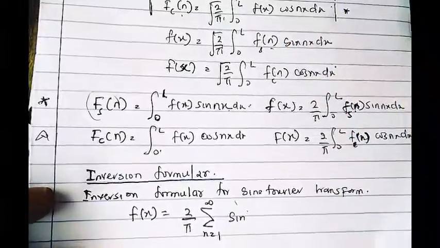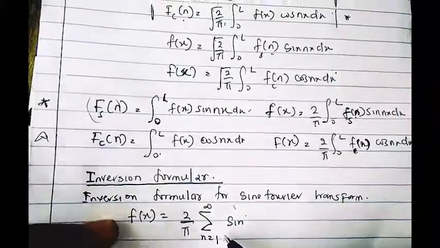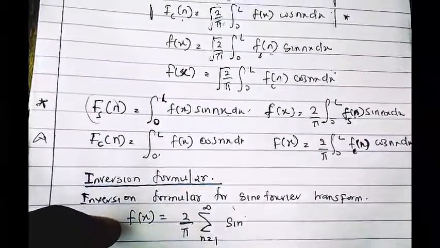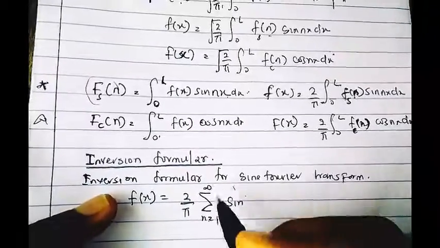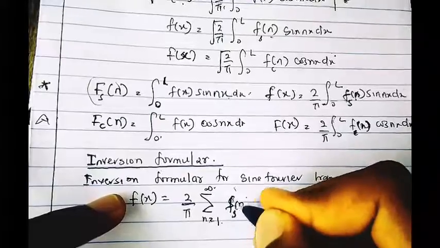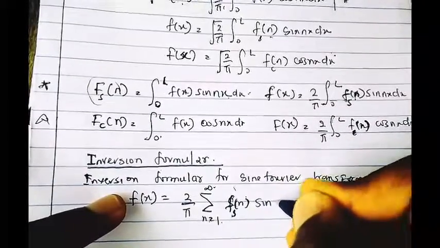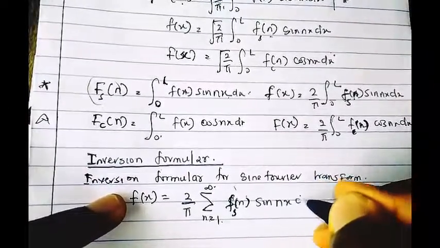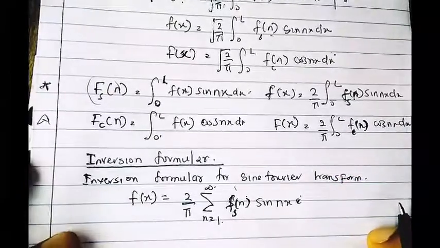So we have f of x equals 2 over pi summation from n equal to 1 to infinity of f of n sine nx. Sorry, there's no dx, so it's just sine nx.